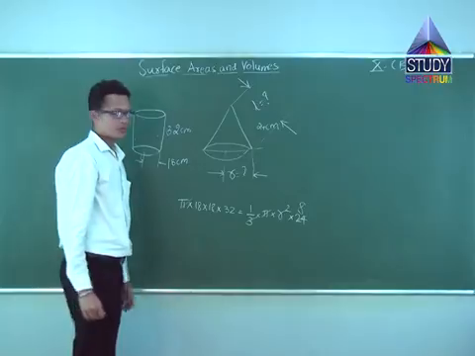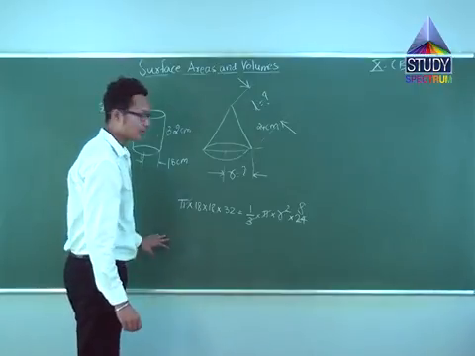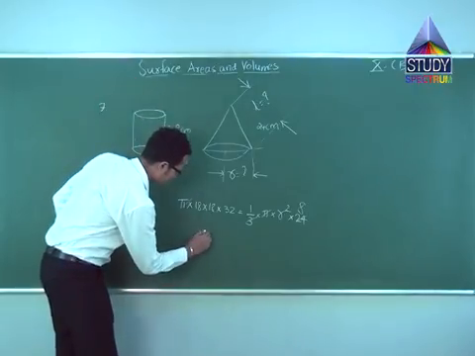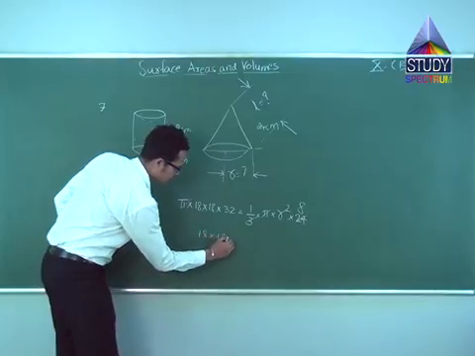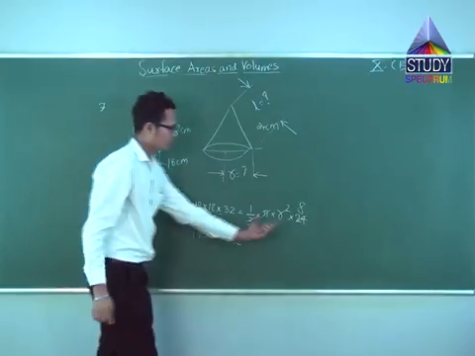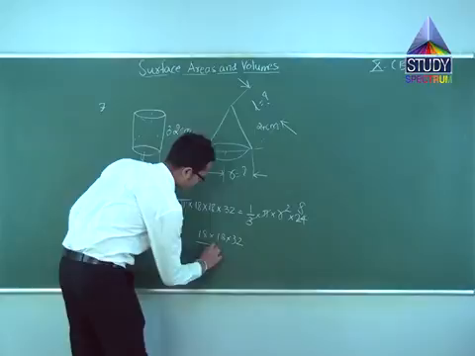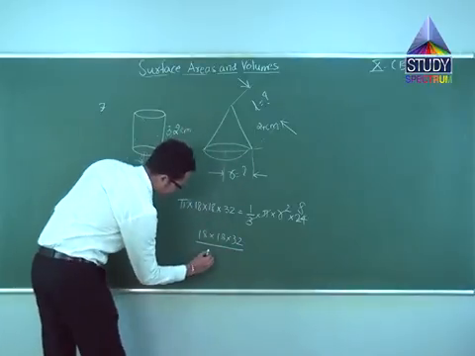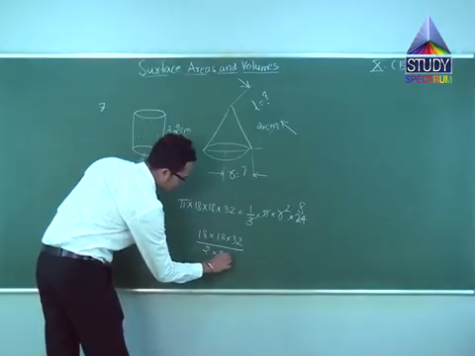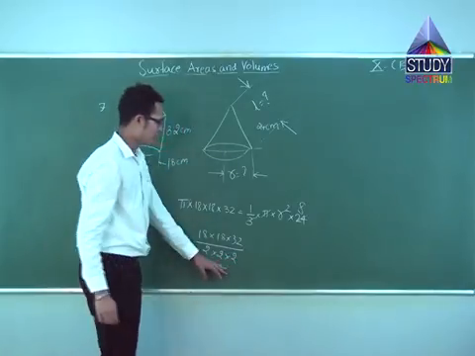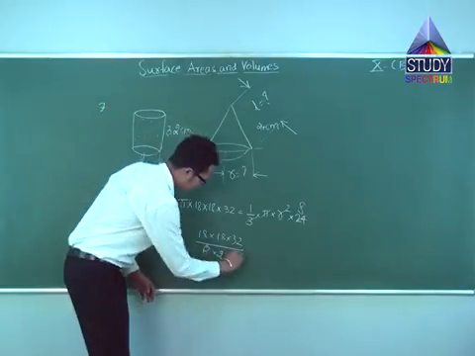Cancel out whichever terms possible to make the calculation simple. And this is 18 into 18 into 32 upon just 8 here.